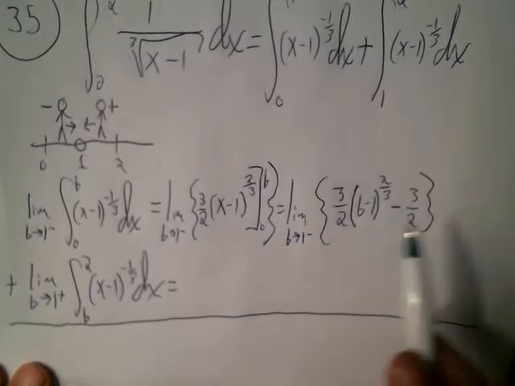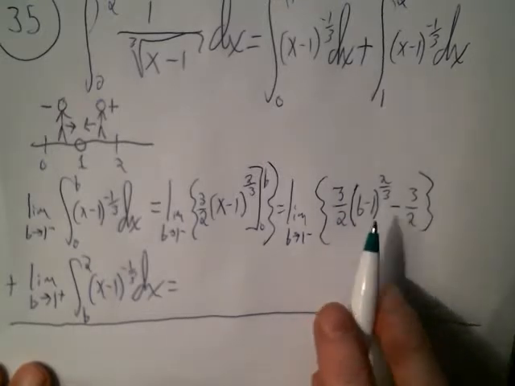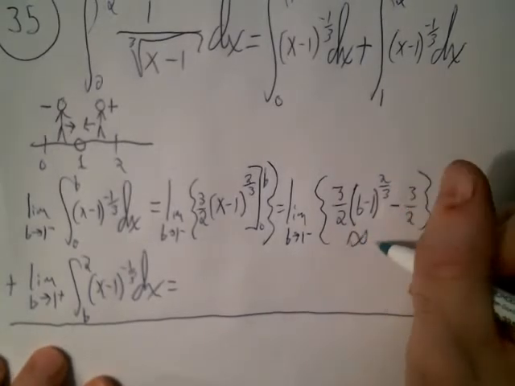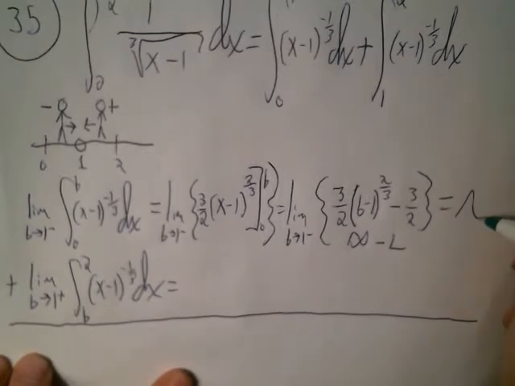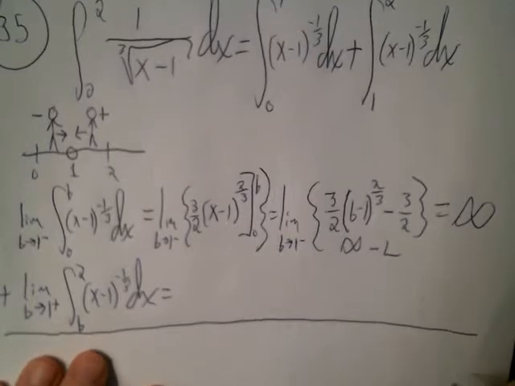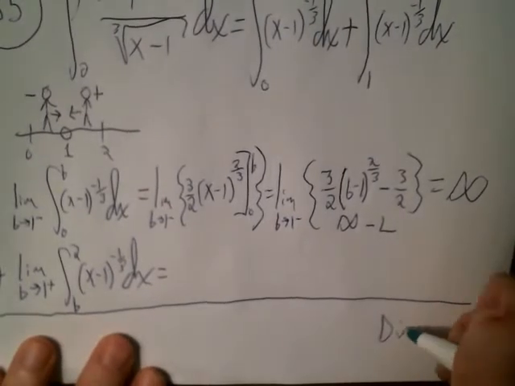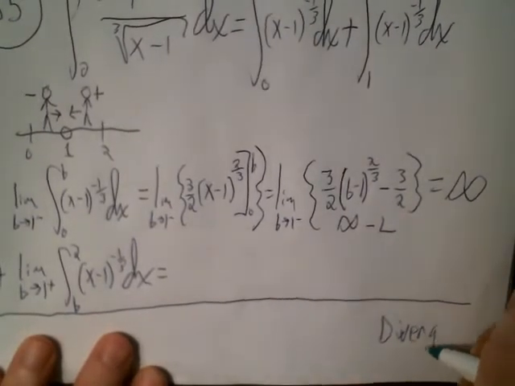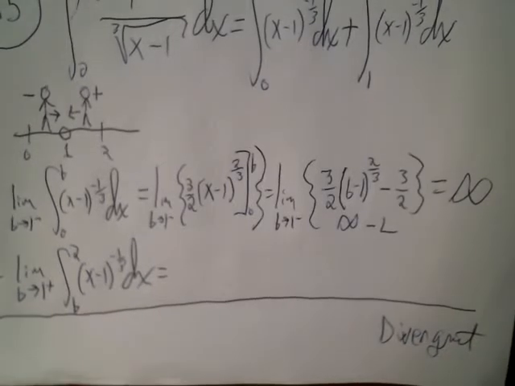So you just make them bigger and bigger and bigger. And this thing will go to infinity, and it'll be minus some number L. So this is infinity. And what I was saying before, as soon as you get an infinity, you're done. This thing is divergent. There's just no sense in going on with life. Okay. And that's just definition. By definition, it's divergent. Look at the book.